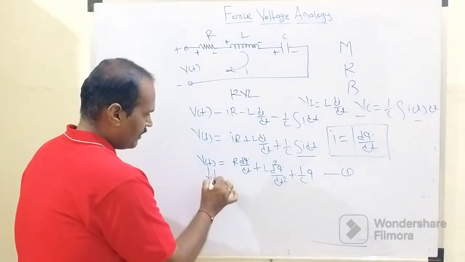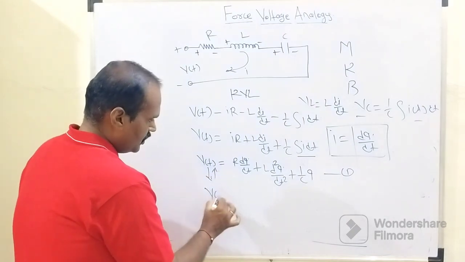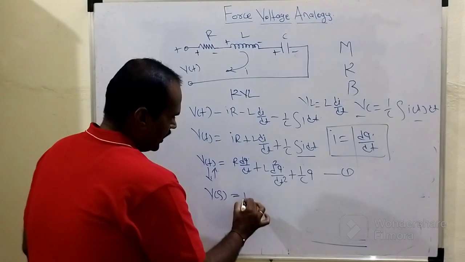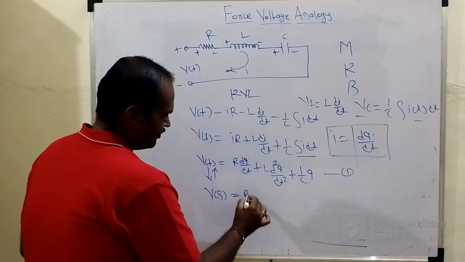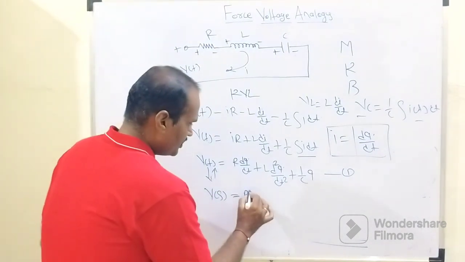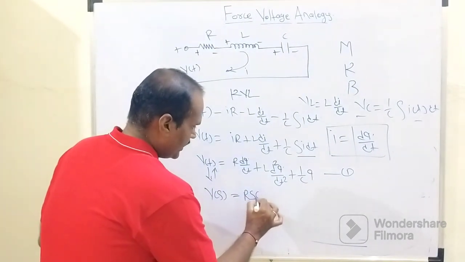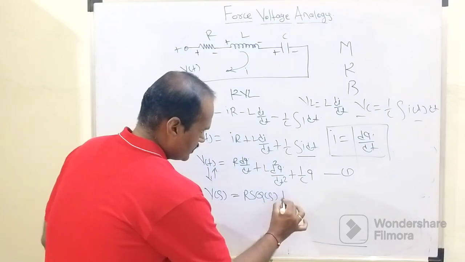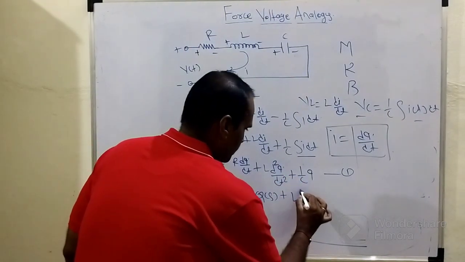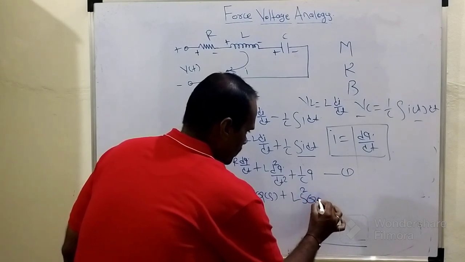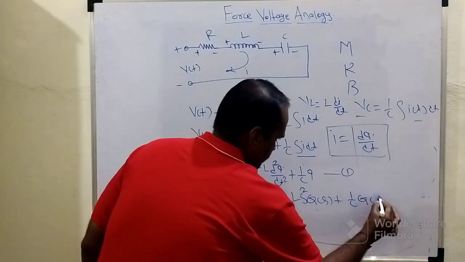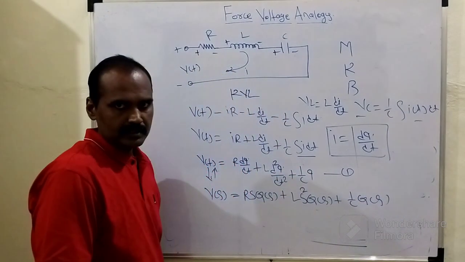So if we call it equation number 1, then for our convenience, when we apply the Laplace transform to this equation, it will become V of s equals R into, as we have the first order differentiation, the Laplace variable s, so Rs into Q of s, plus, as we have the second order differentiation, Ls square into Q of s, plus 1 upon C into Q of s, right?